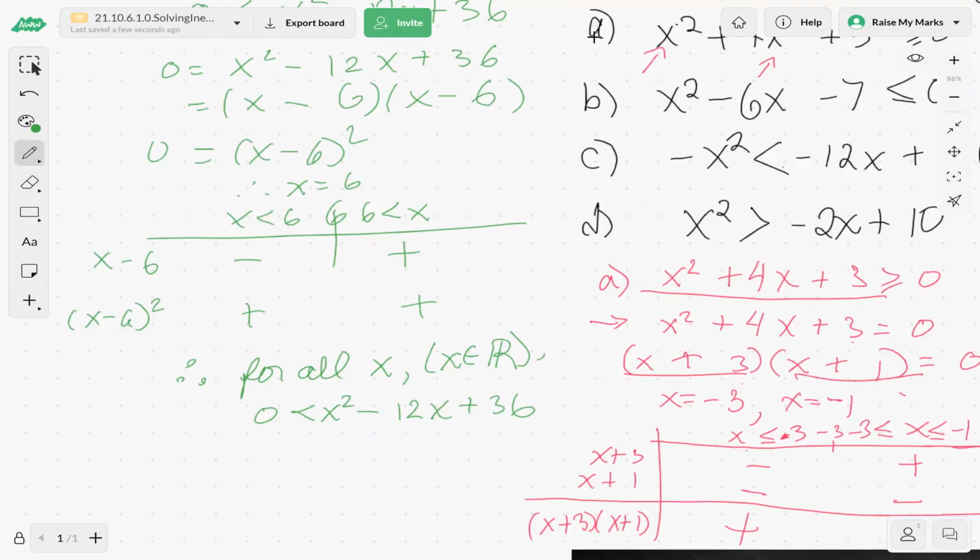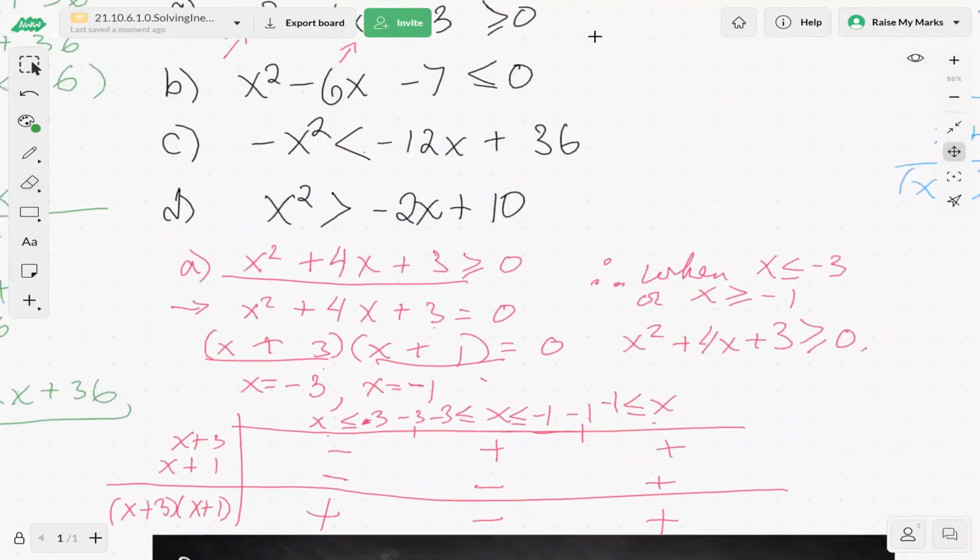So the only time this is not going to work is when x equals 6, because when x equals 6, this entire right-hand side equals 0. So for all x not equal to 6, then our inequality holds. All right. So that takes care of things. So almost all the real numbers. That's not quite true. Excellent. Good thing we caught that.